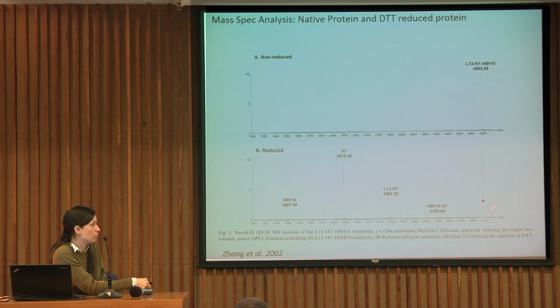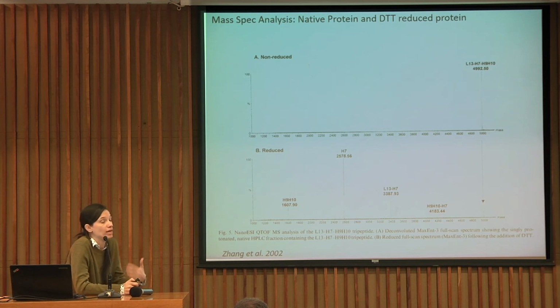There are some remnants of the tripeptide, but it's very low intensity. What we do get are peaks corresponding to the now reduced peptides. So we have the H7, the H9, H10, and the L13, which you don't see because it's too small, out of range. We also have some remaining peptides that were not completely reduced by the DTT.